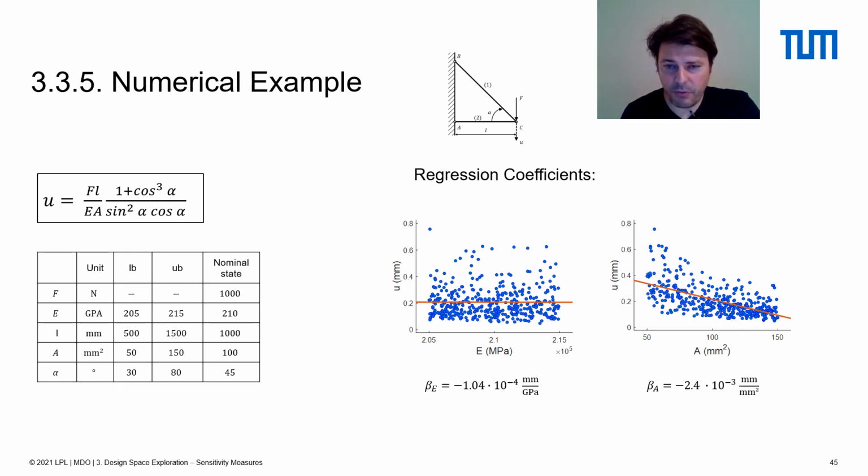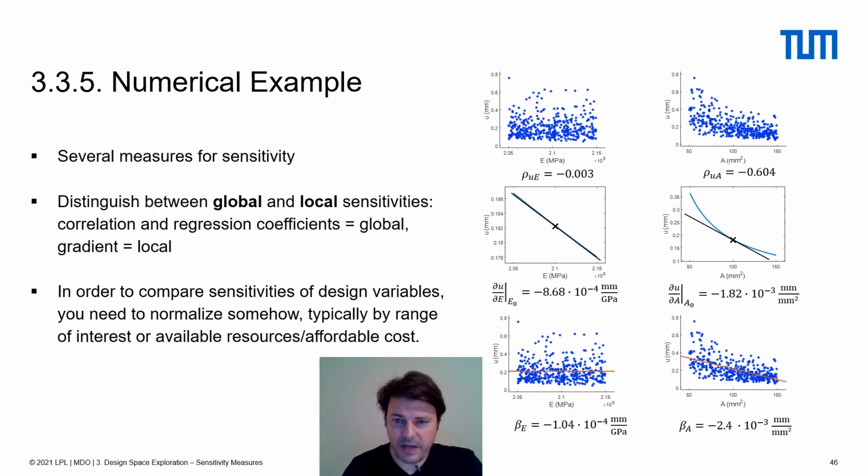And then we come up with regression coefficients, the numbers of which are different, but also the physical dimensions of which are different. So it actually turns out that the question of what is more important is not so easy to answer.